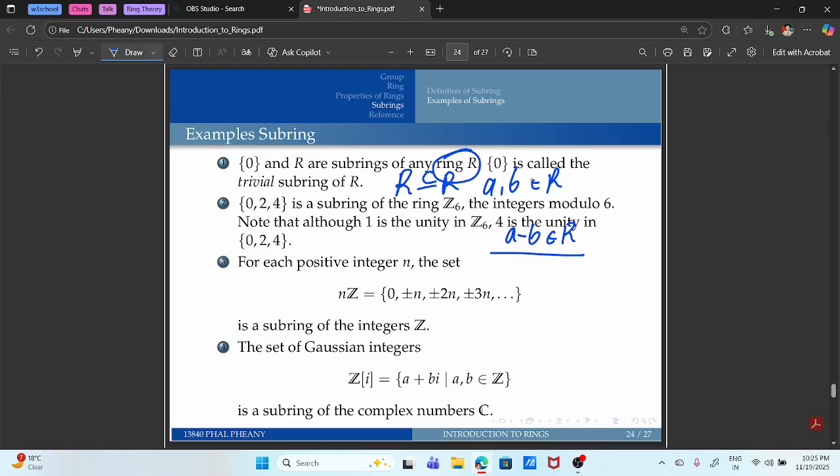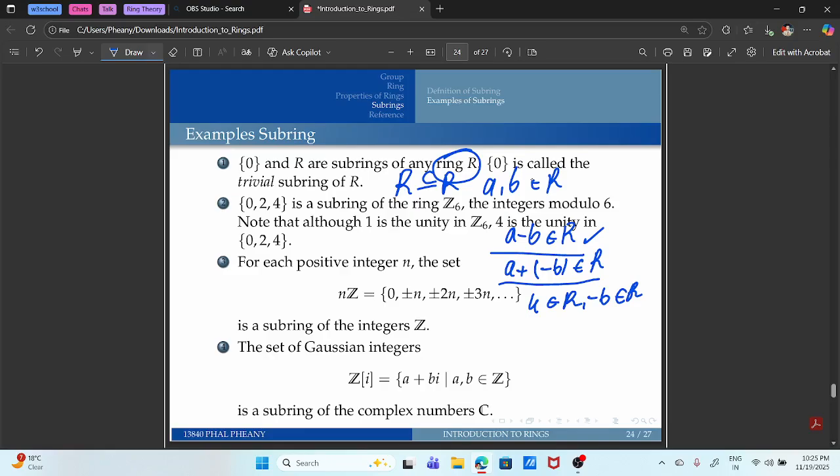So additive inverses also exist in O. So we can write A plus minus B, where A belongs to O and minus B belongs to O. So the first condition holds.